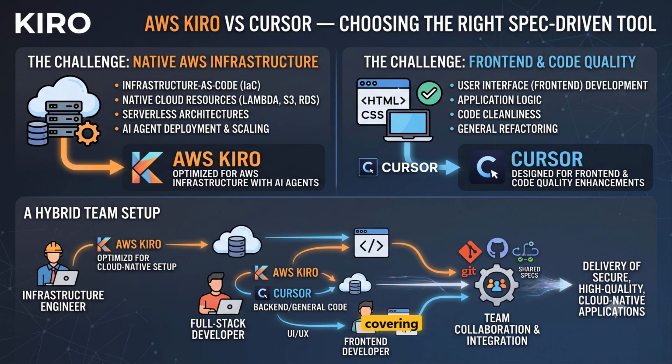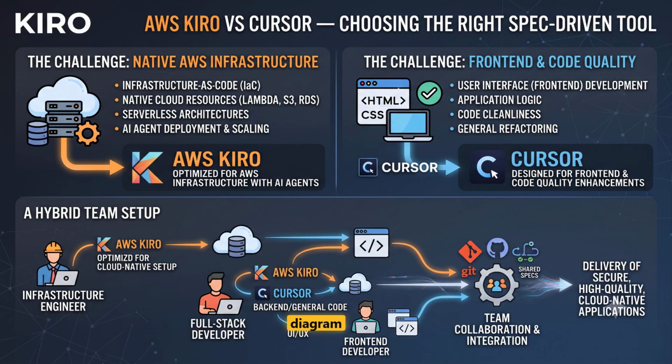Now look at the top right panel covering front-end and code quality. Cursor speeds up user interface work, application logic, and daily refactoring. The real signal on GitHub in 2026 is not choosing one single tool over another, but knowing how to combine them into an automated workflow.